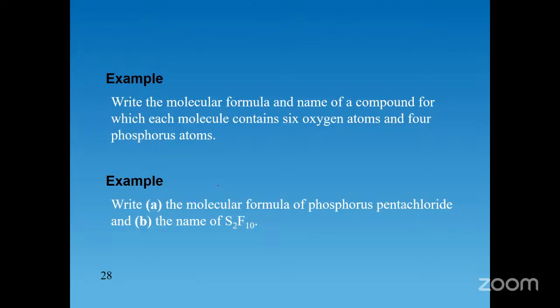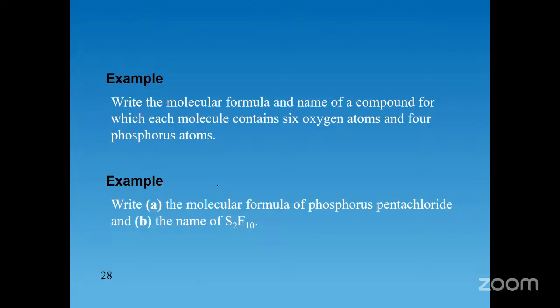Now, to answer this question, we have to deal with the question of which element is named first or indicated first in the formula. How do we decide which element is indicated first? What did I say earlier? It's the element that is down and left. Exactly. So you need to look at the periodic table now, and you need to see where oxygen is in relation to phosphorus.